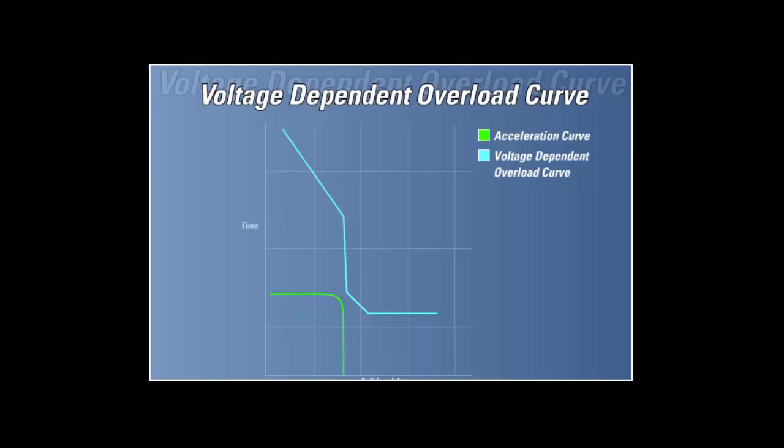The change in impedance is reflected by motor terminal voltage and line current. For any given speed at any given line voltage, there is only one value of line current. The 469 will shift the acceleration curve linearly and constantly based on a measured line voltage during a motor start. Detail on how to properly construct a voltage-dependent curve will be covered in the 469 settings section of the course.